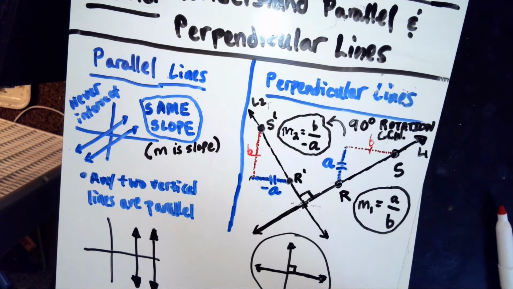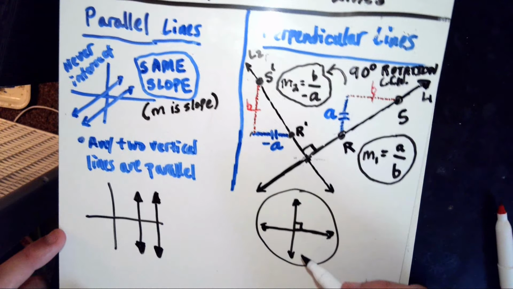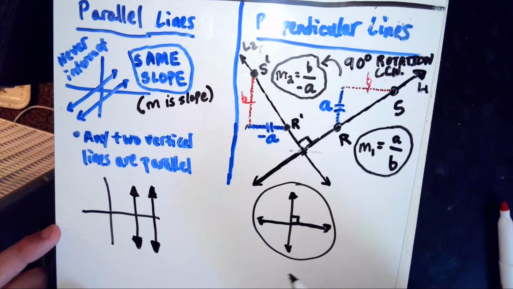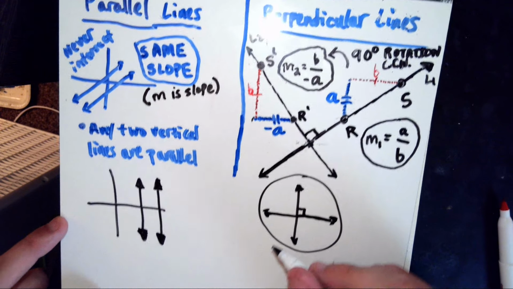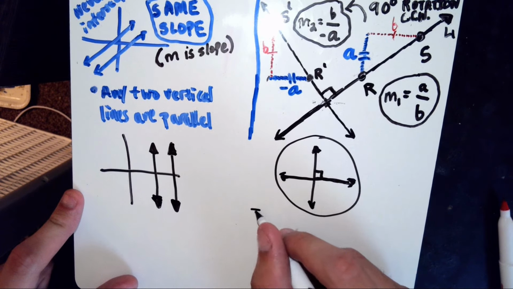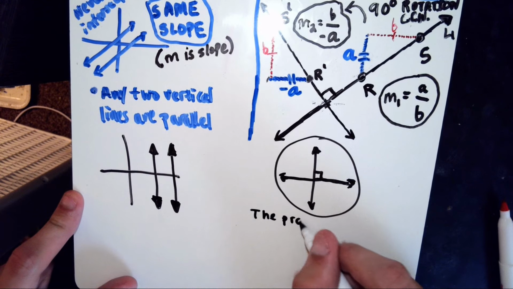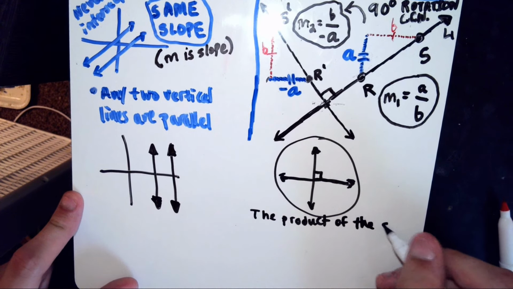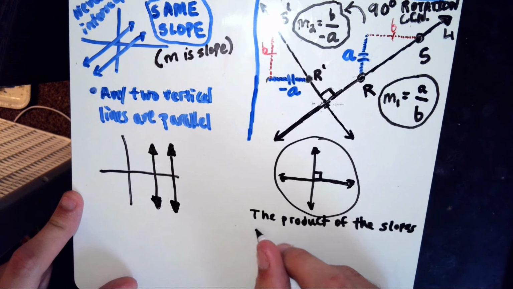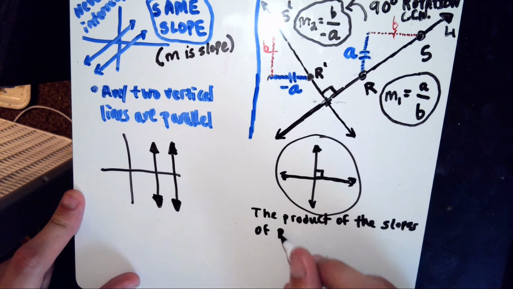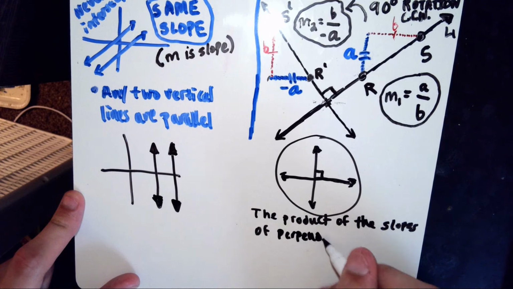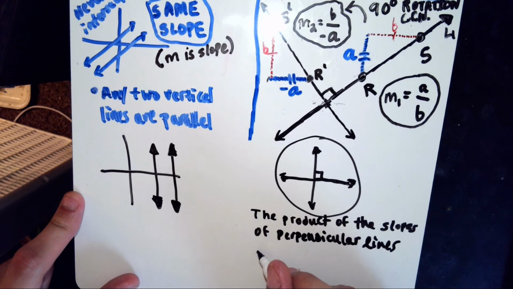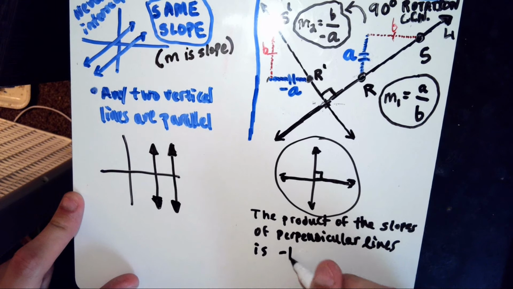The key thing that we want to take away from this is that the product of the slopes of perpendicular lines, that's multiplication, is -1.